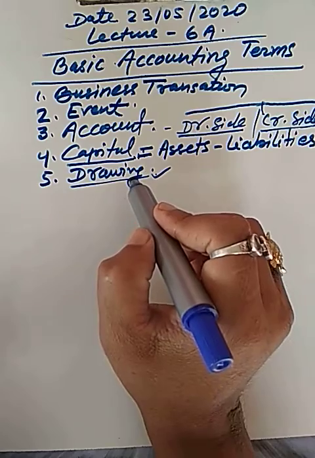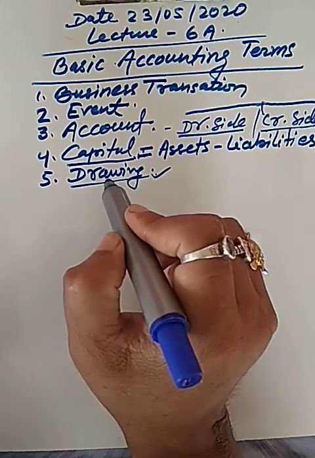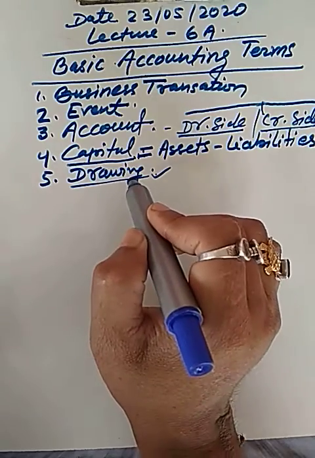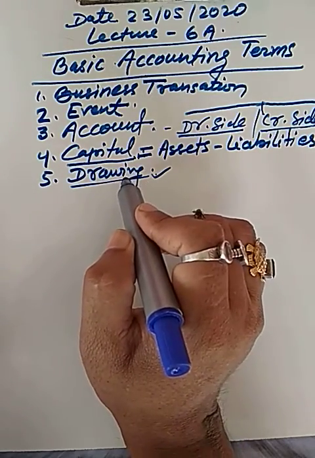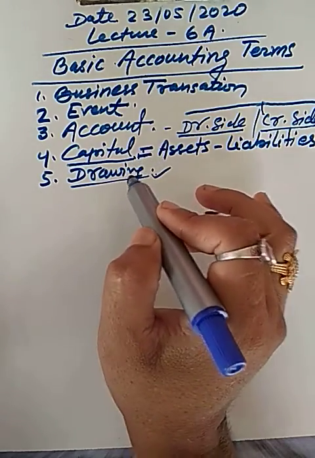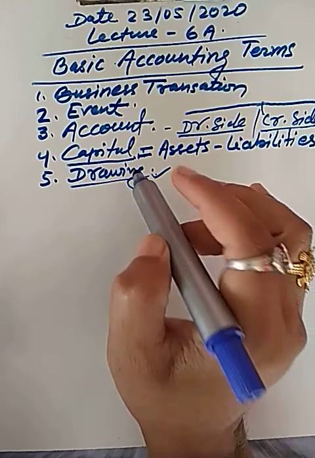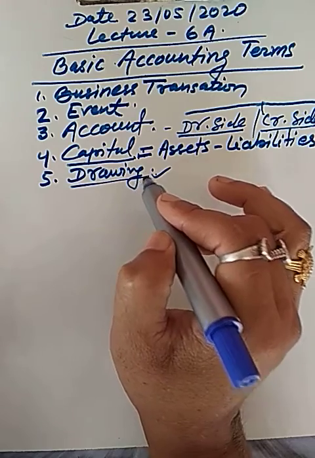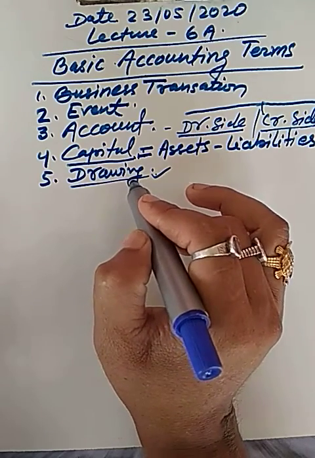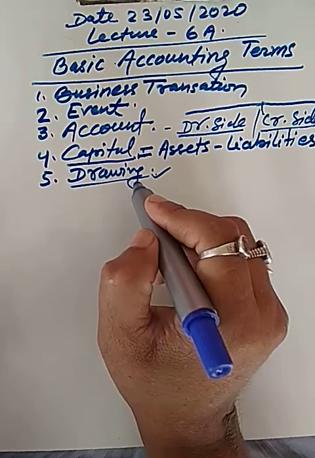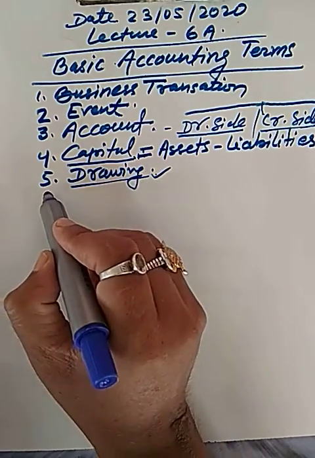I repeat again, when the owner of the business withdraws cash and goods from the business for personal use, it is known as drawing. It can be said to be private use, household use, and domestic use. So this is called drawing.